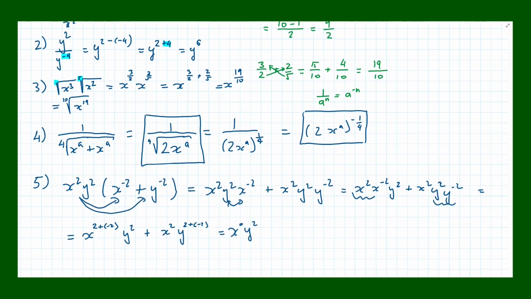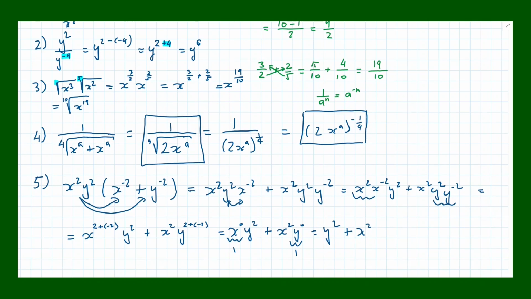So in the first term, I'm going to have x to the 0, y squared, and in the second, I'm going to have x squared, y to the 0. Now I know that any base to the 0 power is always 1, so I can replace x to the 0 by 1 and y to the 0 by 1. But I also know that anything multiplied by 1 is just itself. So 1 times y squared is going to be y squared, and x squared times 1 is going to be x squared.